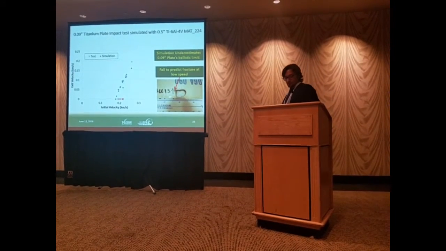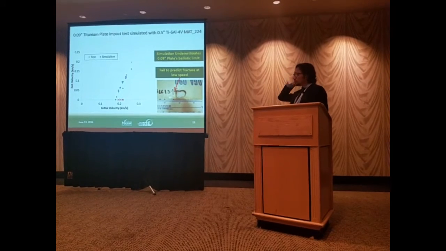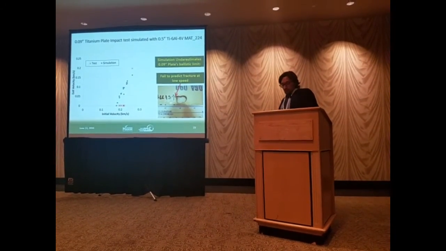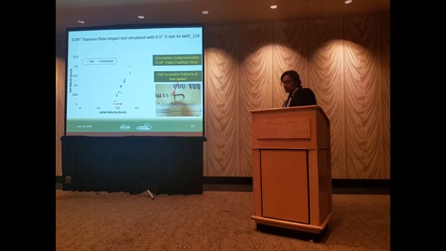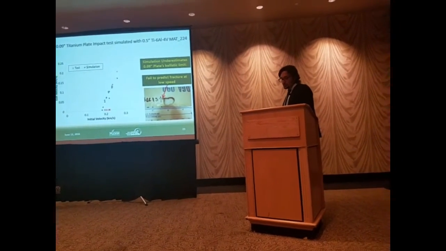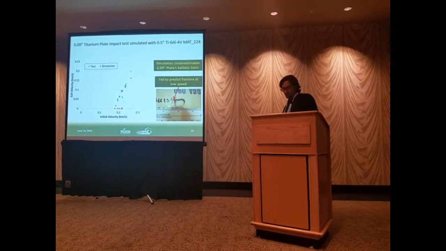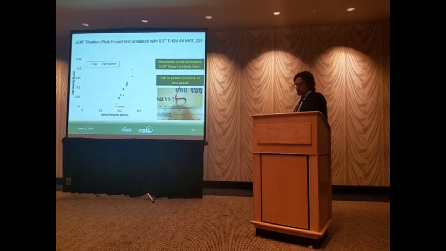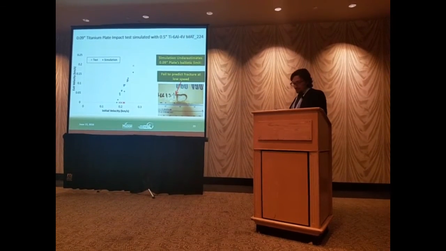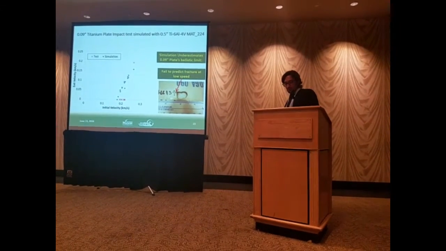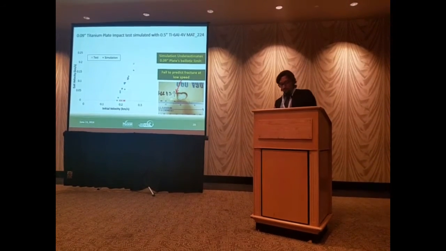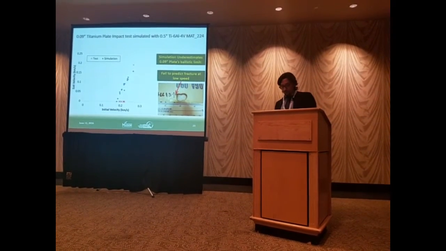So here we have the simulation result. It is always exit velocity as a function of initial velocity, and you can see the simulation underestimates the ballistic limit, which means that the simulation underestimates the 0.09-inch plate strength. And the reason is the different failure mode between test and simulation.